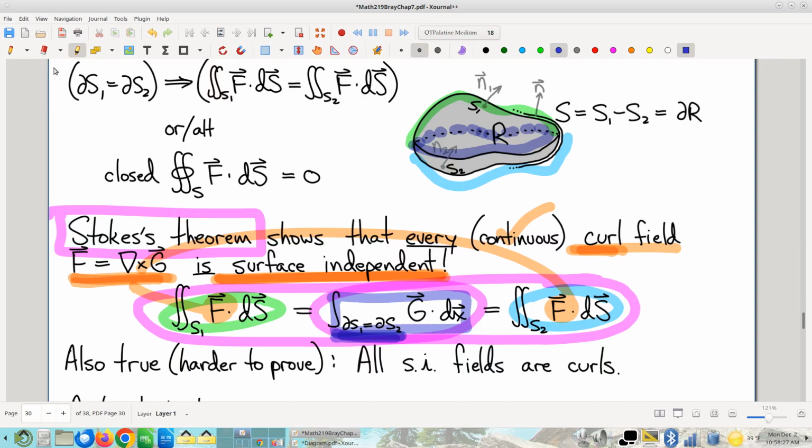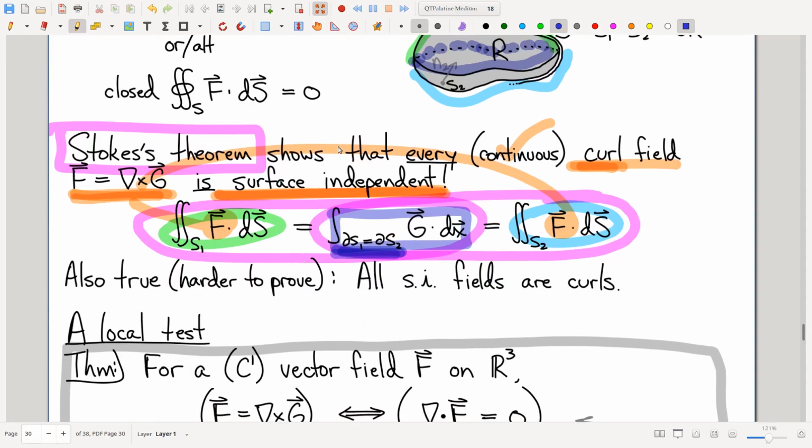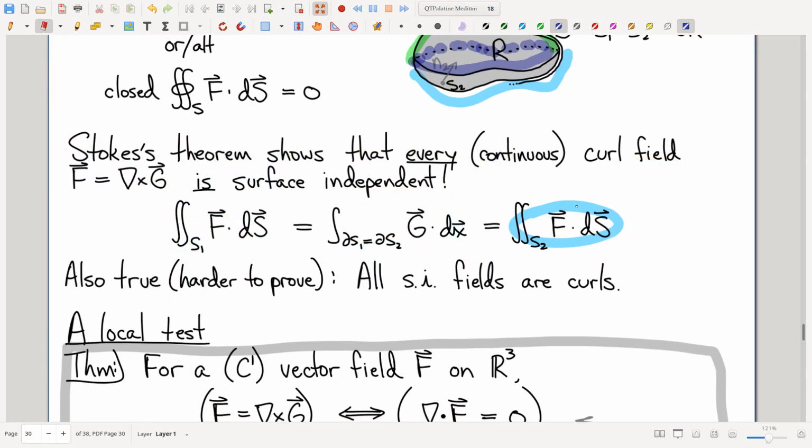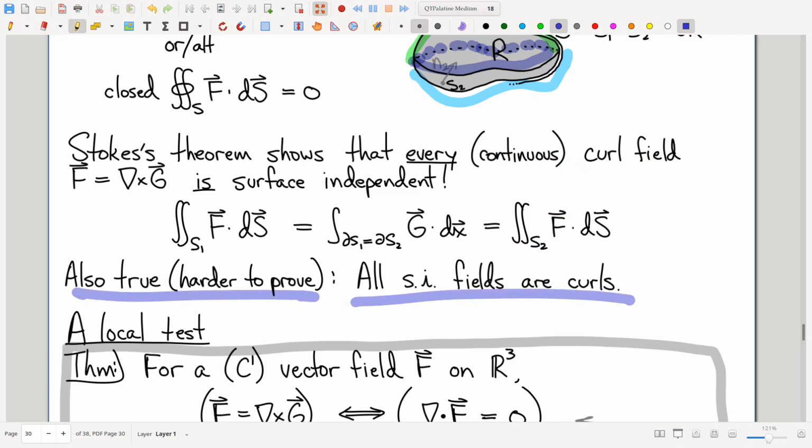So Stokes' theorem tells us that every curl is surface independent, regularity issues aside. And it's also true, though harder to prove and not something we have time for, that not only is every curl surface independent, every appropriately regular surface independent field is a curl.